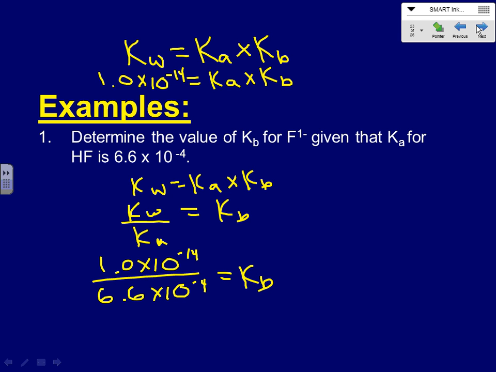All right? So there is a very simple relationship that relates the Ka of one acid with its conjugate base Kb, or vice versa. If I have a base, I could get the relationship for the acid.